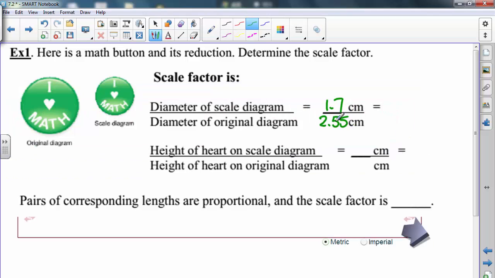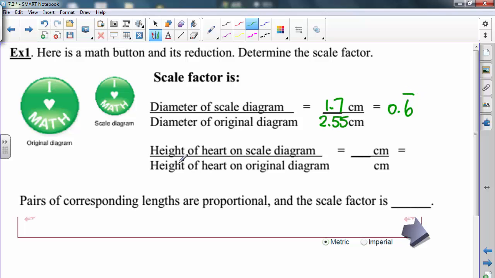This is the diameter of the original diagram. So the ratio, which is the scale factor, is 1.7 over 2.55. If I use the calculator to find this value, it's around 0.666. It's a repeating decimal with 6. If I want the exact value, I would write down 0.6 with a repeating bar.